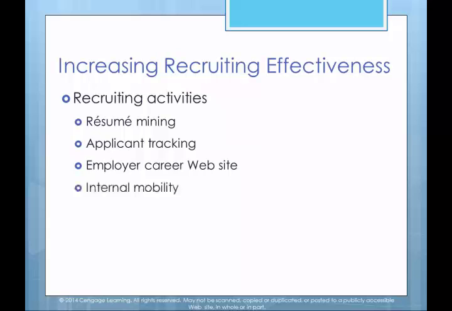Internal mobility, a system that tracks prospects in the company and matches them with jobs that may come open. That's really your talent management software program. And realistic job previews, a process that the individuals can use to get details on the employer and the job that they're potentially going to get.